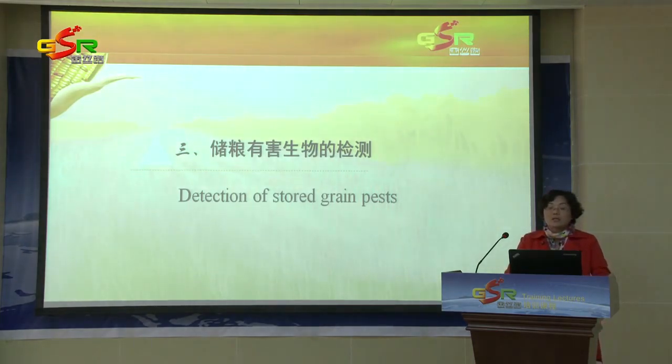If you don't have detection methods, when you find it, it may already have done widespread damage. So before they can cause pollution, we must have detection methods to catch the pest first.